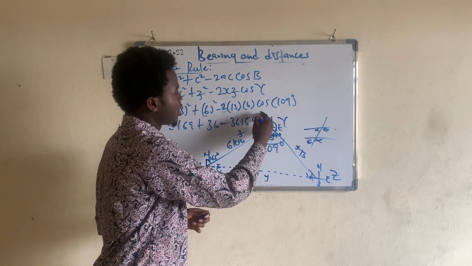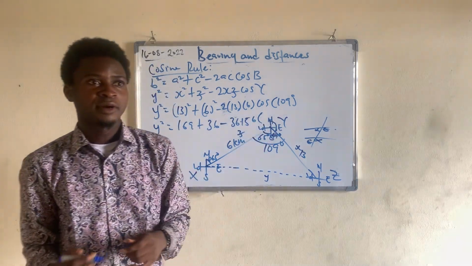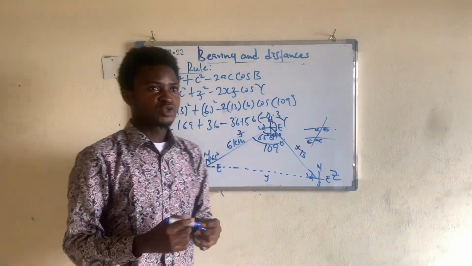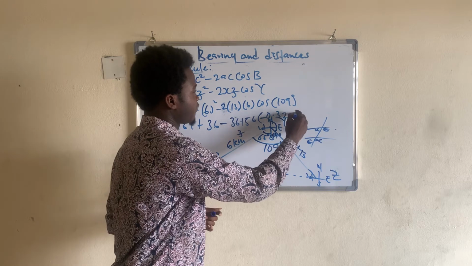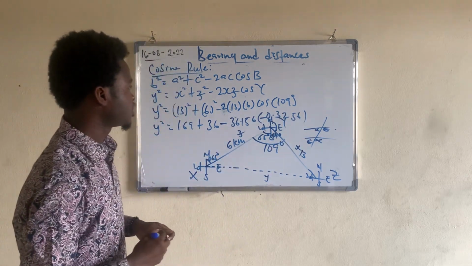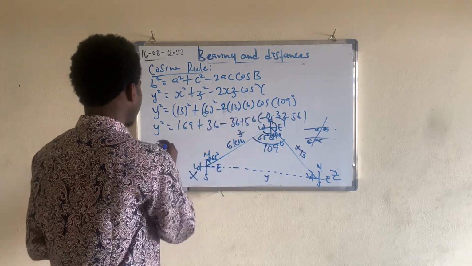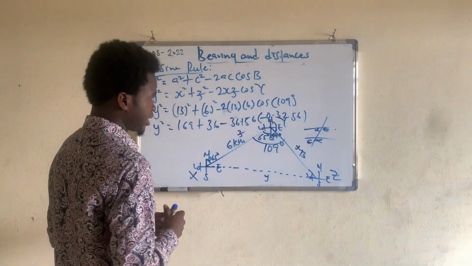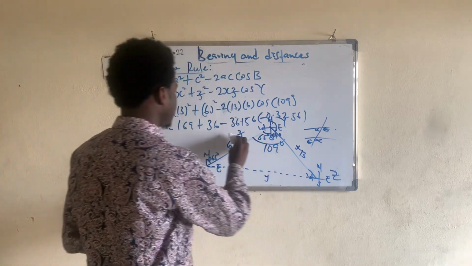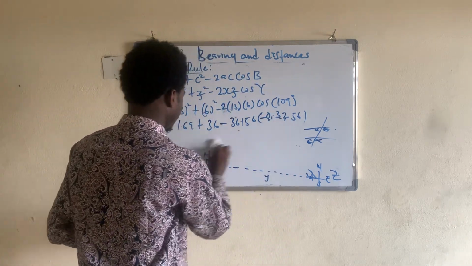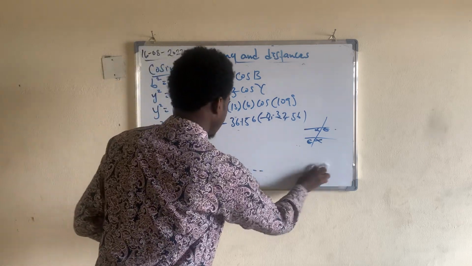We have that to be 36.156 into minus 0.3256. So when we punch this into our calculator, we have this. I will have to rub off this board here.